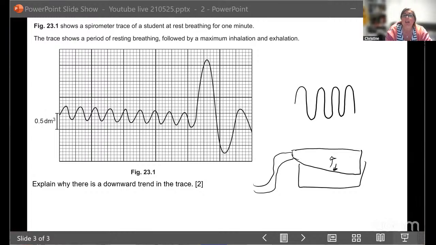What you would get is a different amount of air in the chamber. So what you're looking at here with that downward trace is that the volume of air in the chamber is changing. So volume of air in chamber changes.